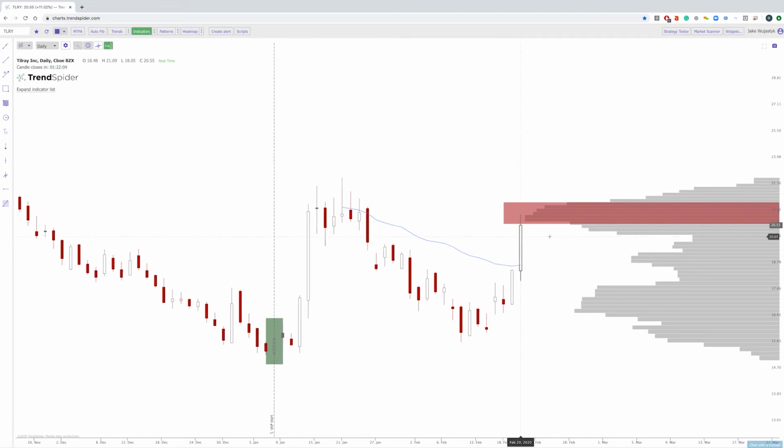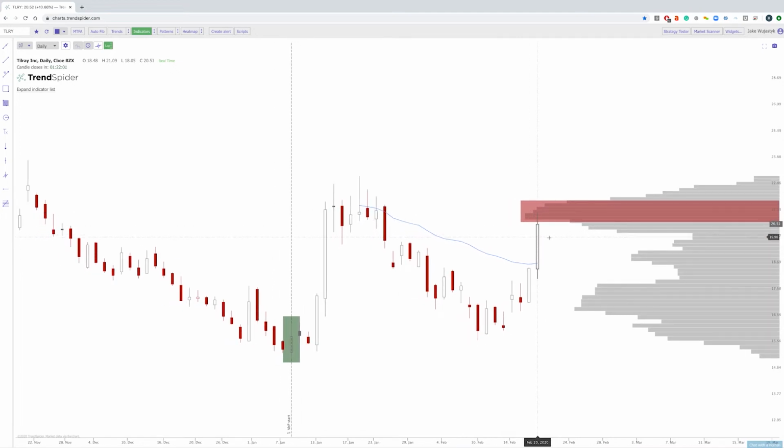And then you can use the volume profile or the volume by price anchored from this particular point here, and you can see how much volume was holding above, which didn't only act as a magnet for price to move up to, but it also acted as an area of resistance above for price to get stopped a little bit.